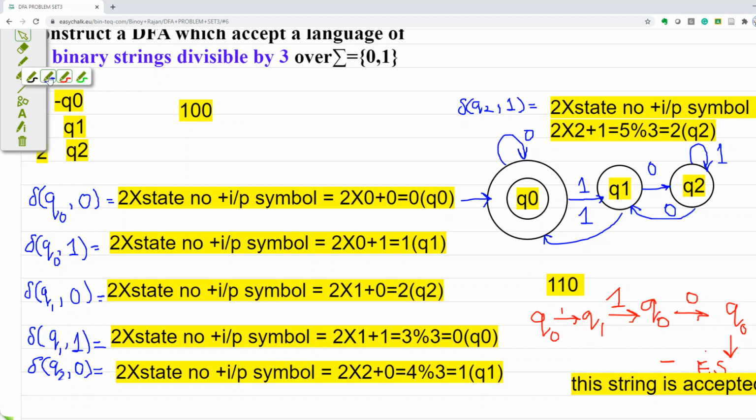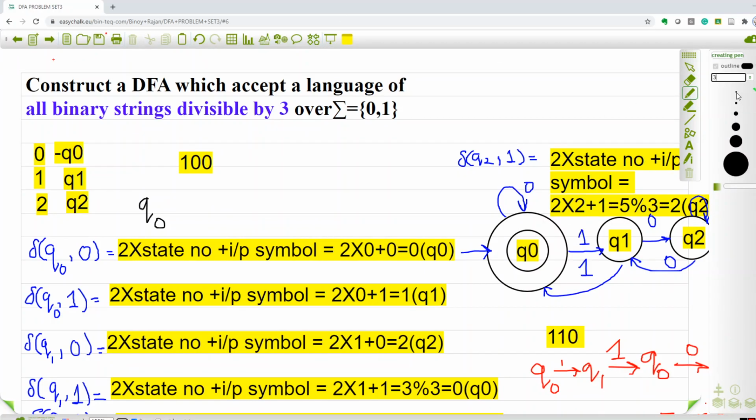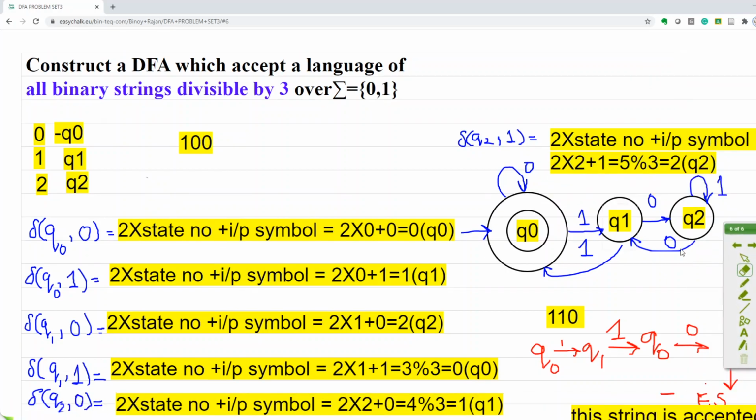From Q0 with 1, I reached Q1, then Q1 with 0, I'm in Q2, and Q2 with 0 means I am in Q1 state.